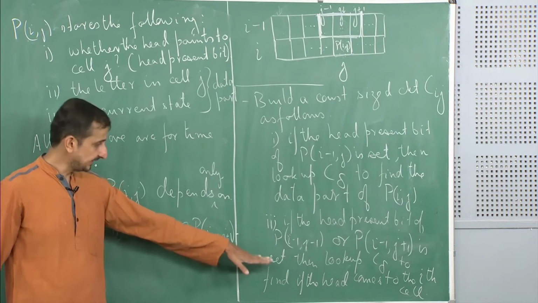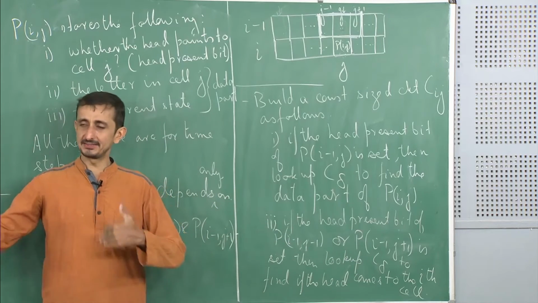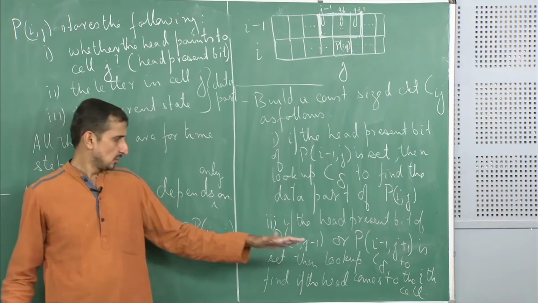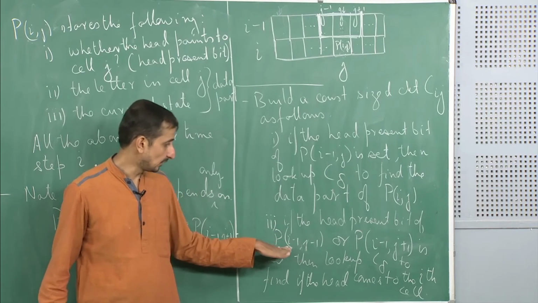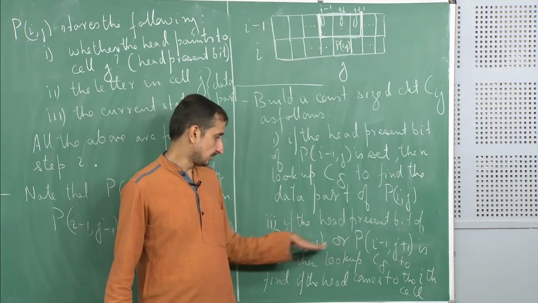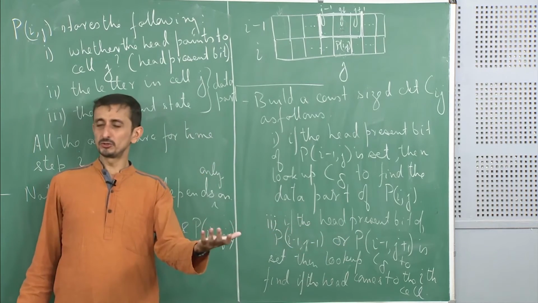Now, the head can come to the ith cell only from either i minus 1 or i plus 1. So, if the head position bit of either of these two entries were set, you look up both those entries.